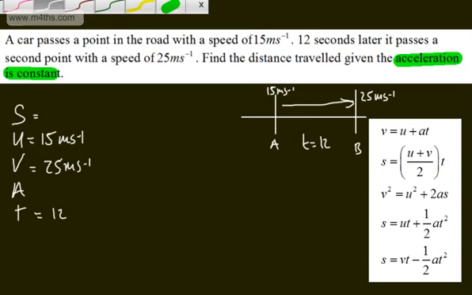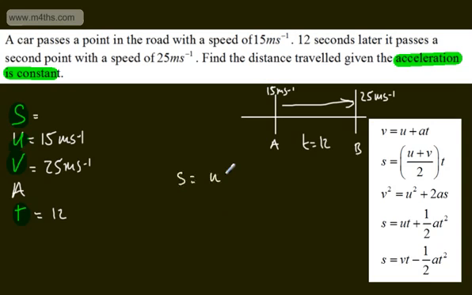So if we look at what we've got, we've got the U, we've got the V, we've got the T, and we want the S. So which one of these should we use? Well, all we've got to do is look at this one right here. Now you can manipulate this, but essentially I just want to use the information that I've got and plug it in. So we can say S is equal to U plus V over 2 multiplied by T. So let's whack that info in.